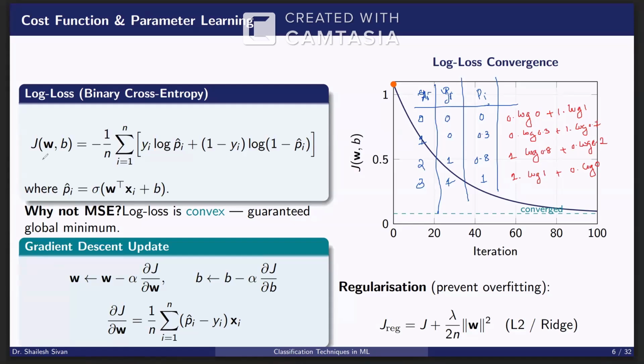Just think about this. What are the values for this? This is 0, right? And this is log 0.7, which is minus 0.35.